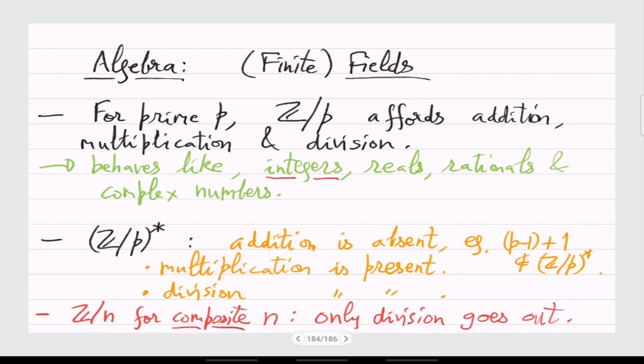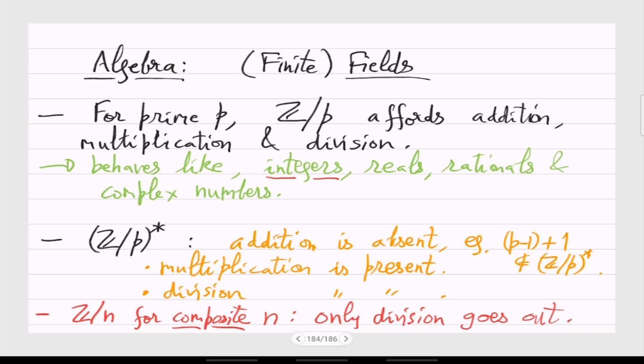But we have seen before that you can add them, you can multiply them, and you can also divide them, except division by 0. So this behaves very much like the real field, I mean the set of reals, set of rationals, set of complex numbers. It's more special than the set of integers, because in integers you can't divide, here you can divide.